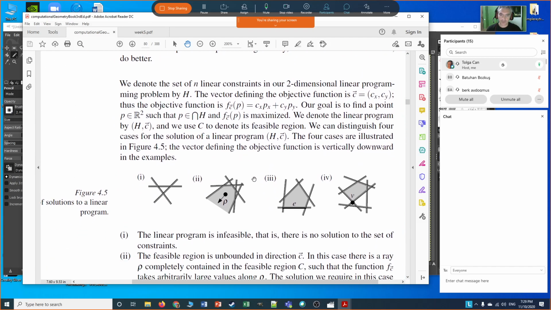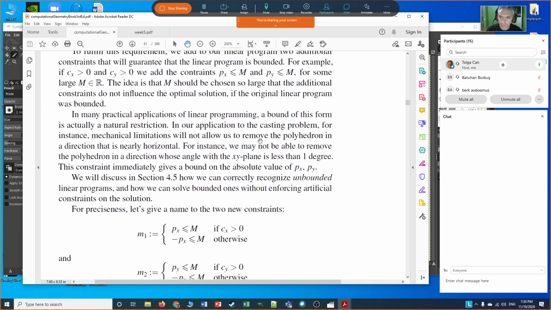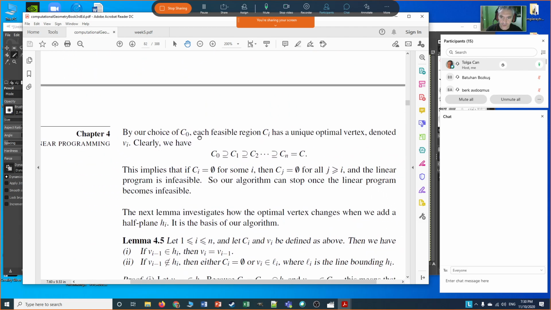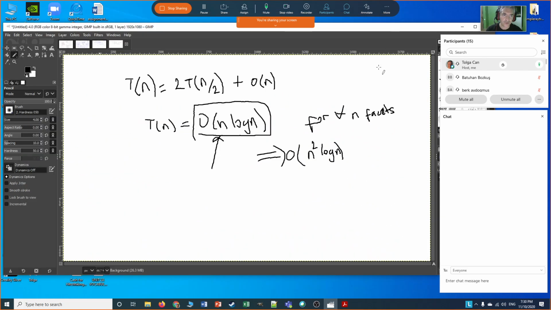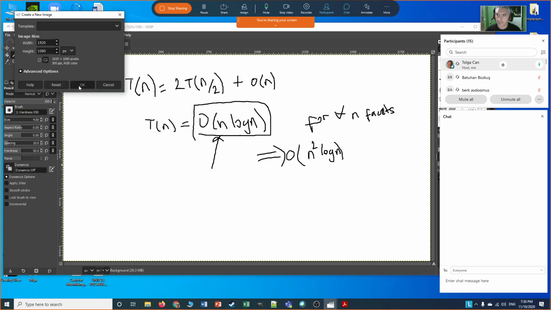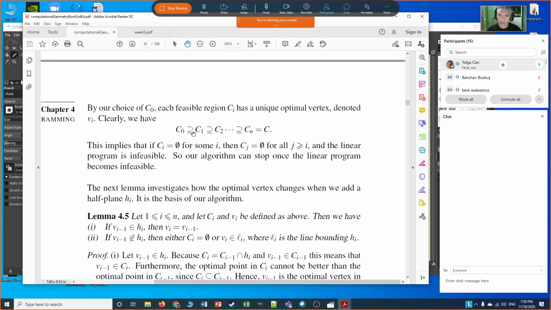Now, actually, let me describe before going into what the book talks about. I'm going to tell you the algorithm. It's very simple, actually. You're going to understand from here easily. The algorithm is like this. As I said, we are going to maintain the current feasible point. Let me use the same terminology as the book.